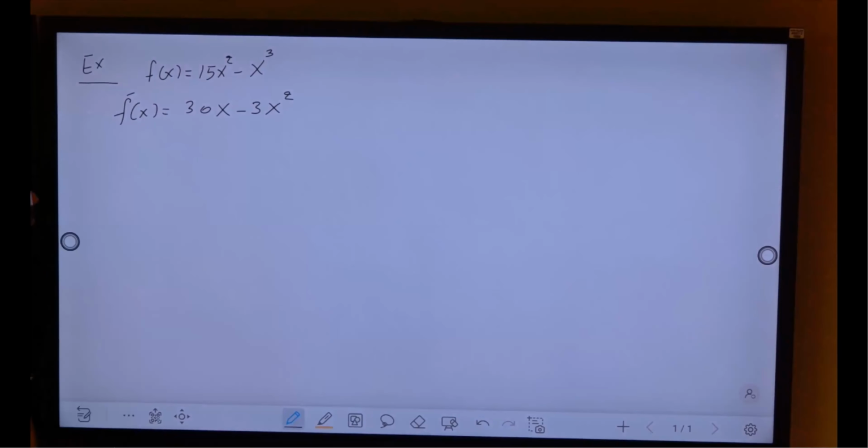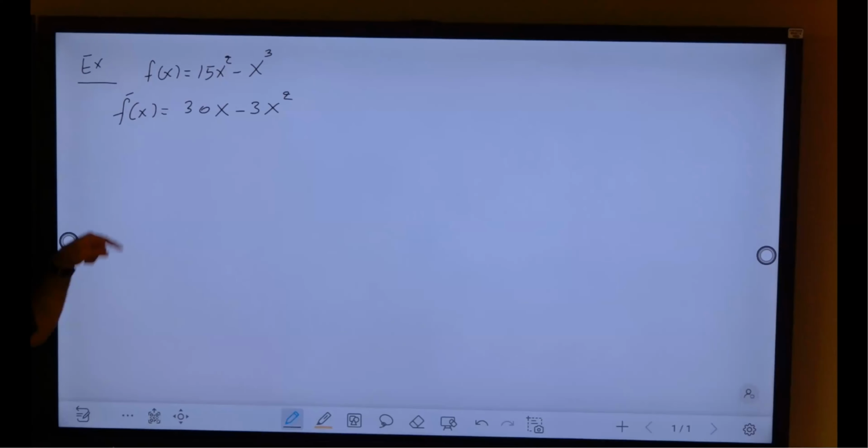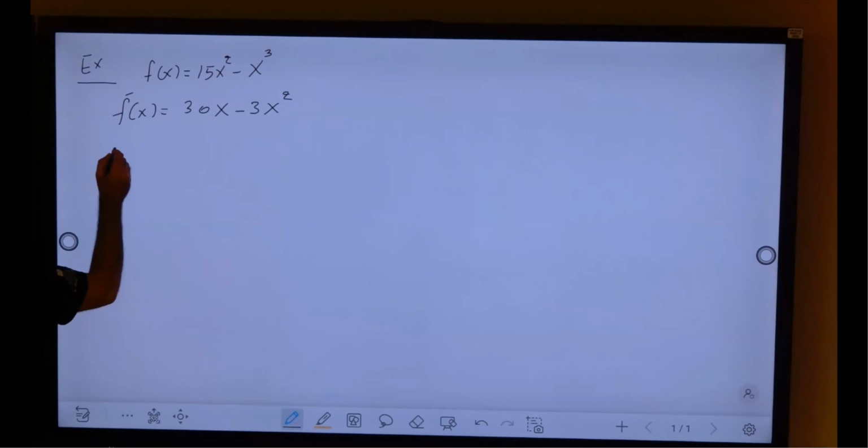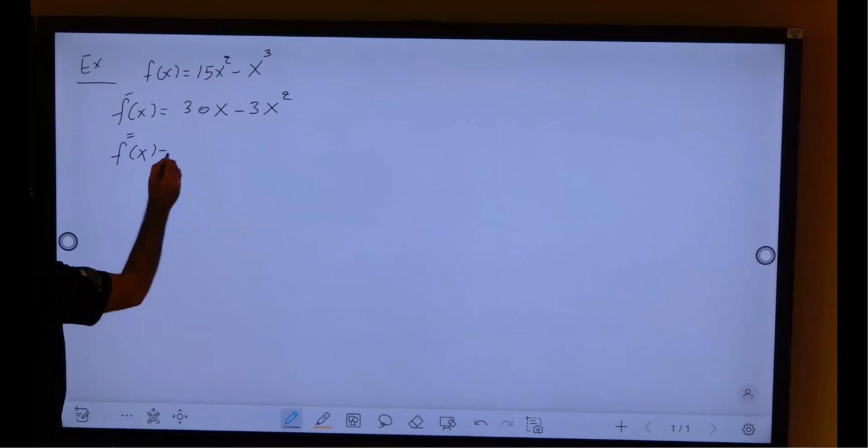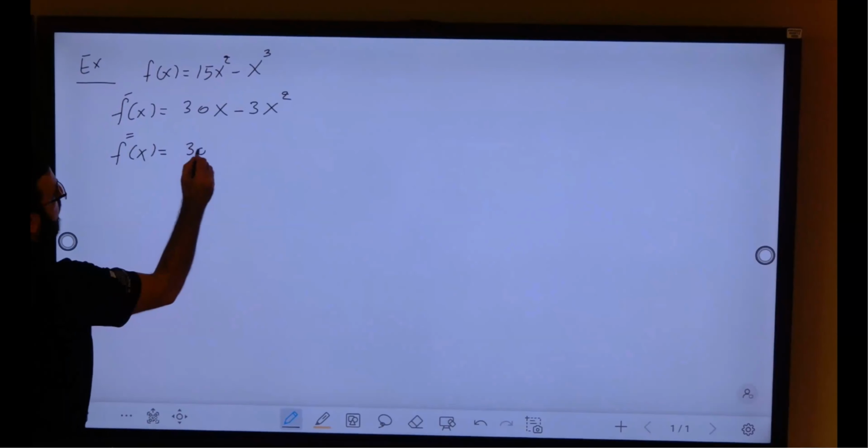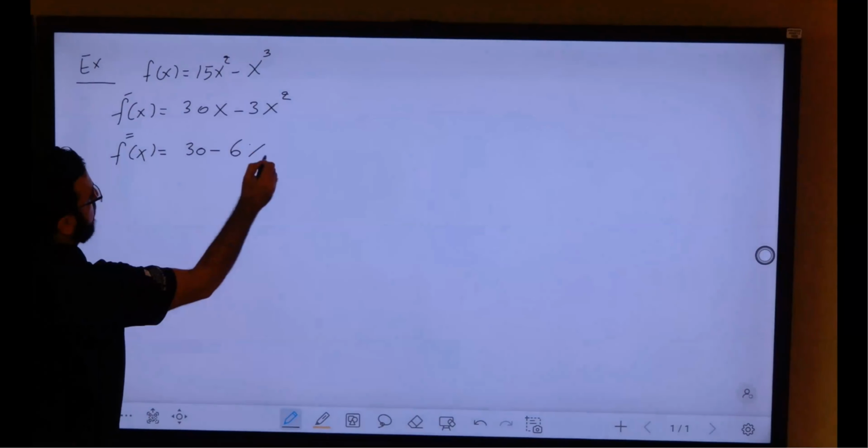This is only the first derivative; by using it, you can find increasing and decreasing. Then I'm going to find the second derivative, because that's my goal. The second derivative is going to be 30 minus 6x.